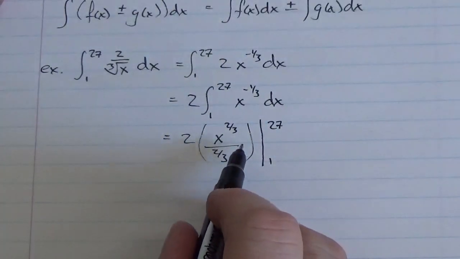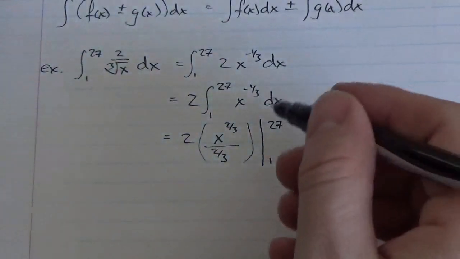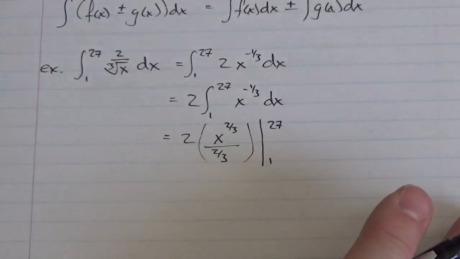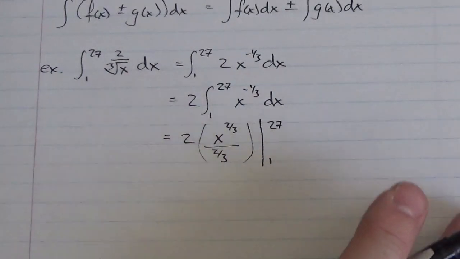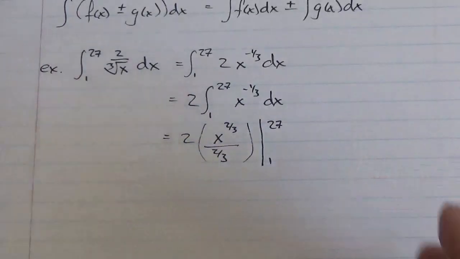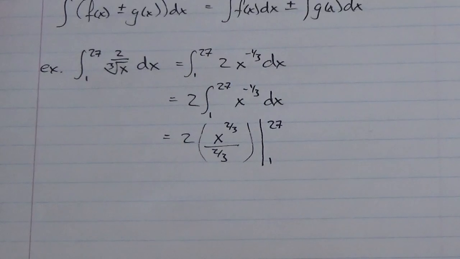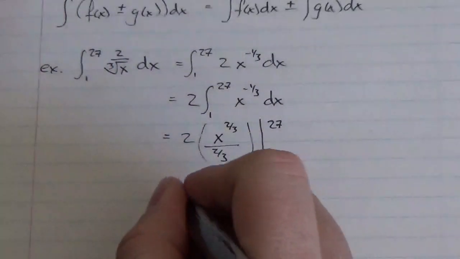Now, normally I would think to put a plus c in there, but because this is a definite integral, I know that plus c is irrelevant, so I'm not even going to write it. Don't just take that as a general statement of the way you can do these things. You've got to determine what your instructor is expecting from you. So you might be expected to put that plus c in there all the time. You've got to figure that out for yourself.